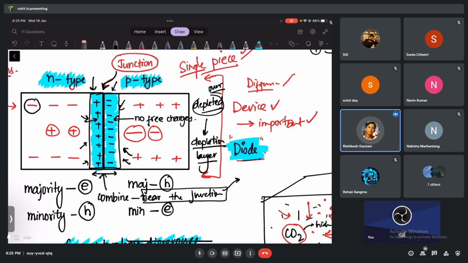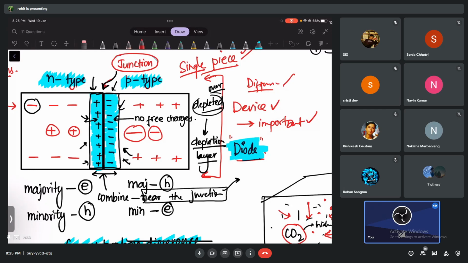So it will cancel out. Cancel out means plus and minus. Yes, of course, because the electrons and holes are combining here. So they will cancel out, but don't forget, they have already crossed also. They will have to cross because of diffusion. Because concentration is less on the n side for the holes, and concentration is less on the p side for the electrons, they will really cross, and they will combine.